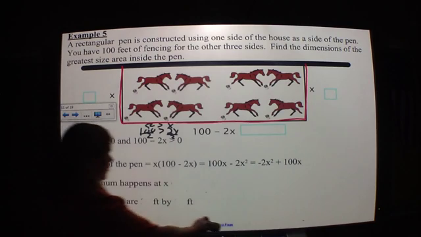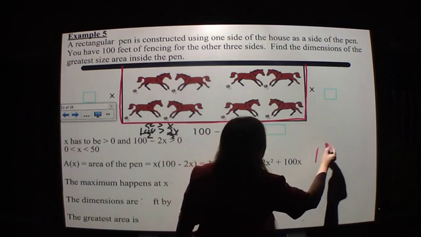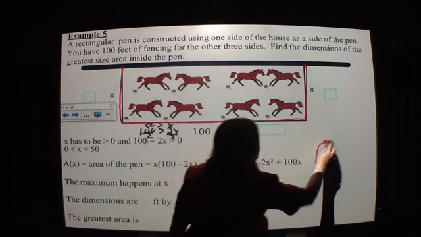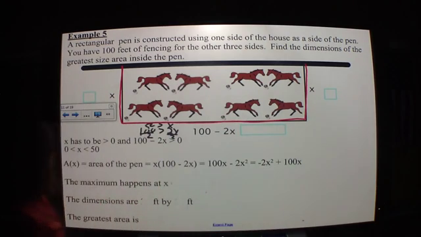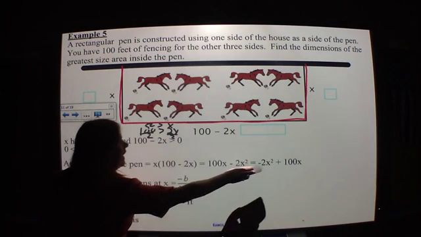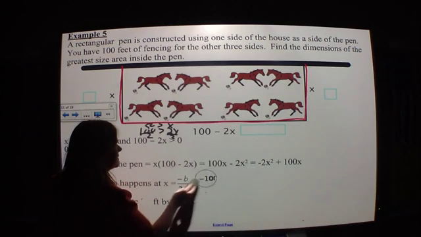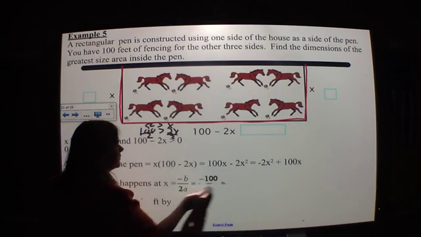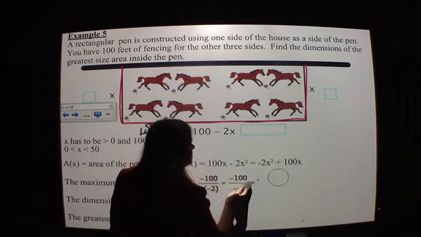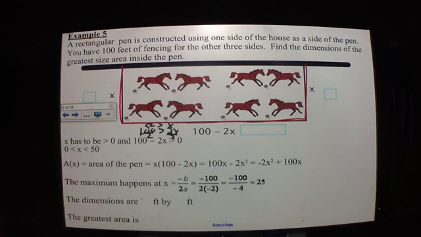This is a parabola that opens downward, so it gives me a maximum at the top of the parabola. So the maximum happens when x is equal to the opposite of b over 2a. Opposite of b is opposite of 100, over 2 times negative 2. 100 over negative 4 is 25. So the maximum happens when x is equal to 25.